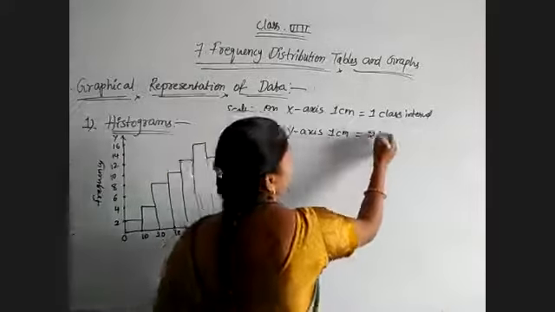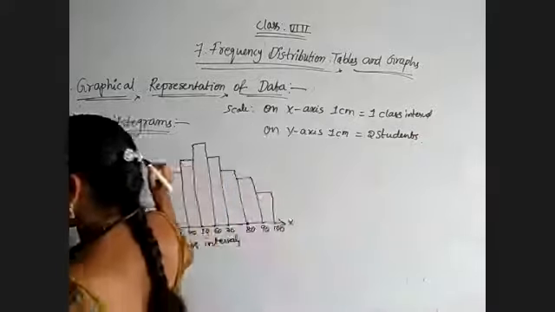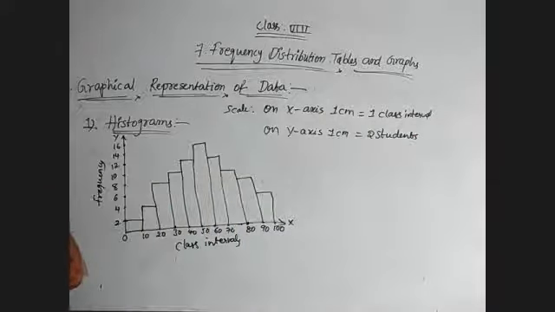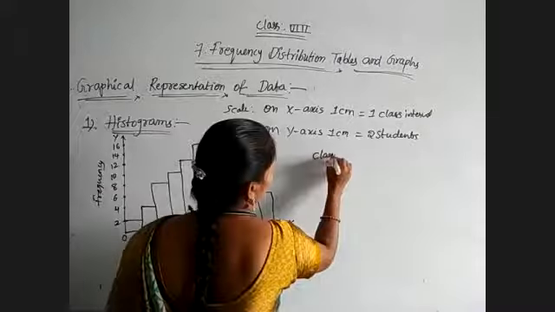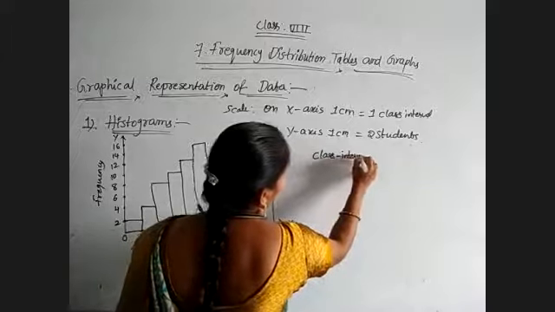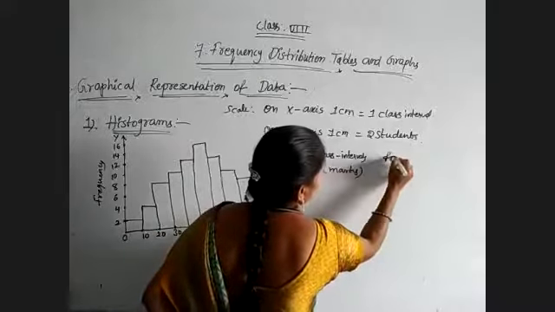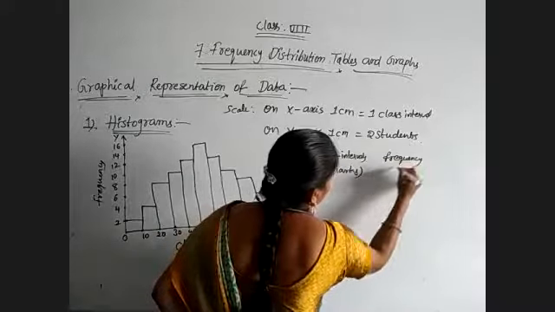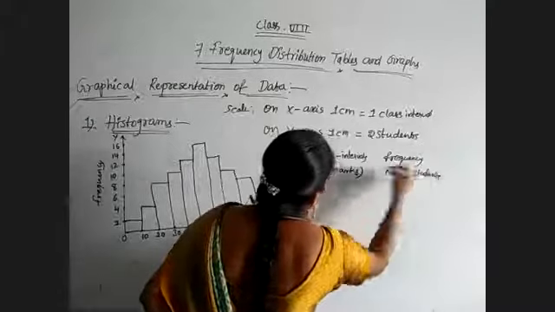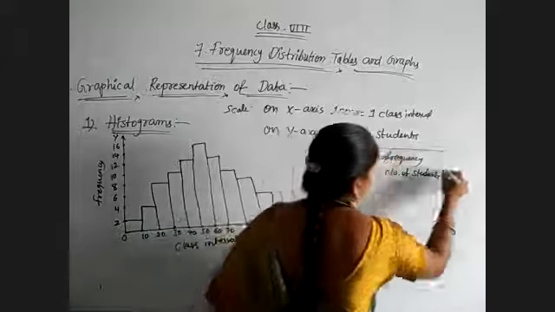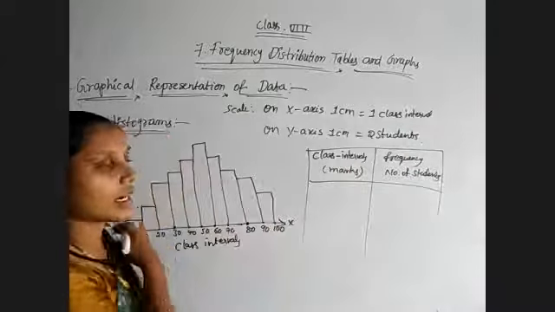This is the information about students. So here is the table: class intervals are for marks and frequency is for the number of students. This is also given in the question, but without copying from the question, just observe this. From this information, we will write the class intervals.